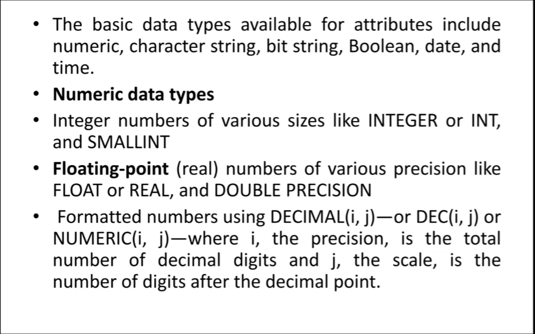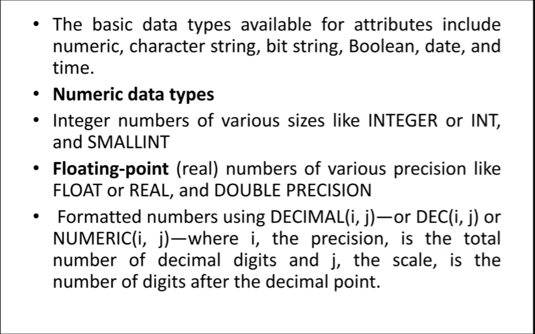Here i is the precision, that is the total number of decimal digits. j is the scale, which tells how many digits should be there after the decimal point. For example, 3 comma 2 means 2.32 will be an example.